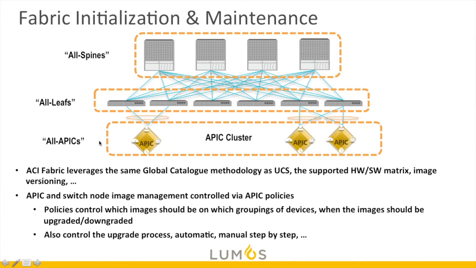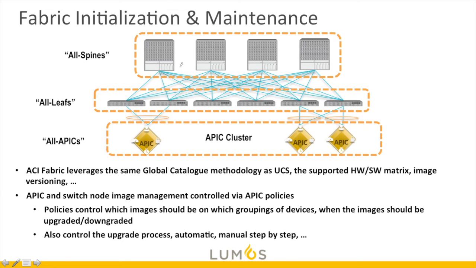The ACI fabric leverages the same global catalog methodology as UCS: supported hardware matrix, image versioning, etc. When you're doing an upgrade of an ACI environment, like any product, you're going to want to keep it updated on a regular basis.